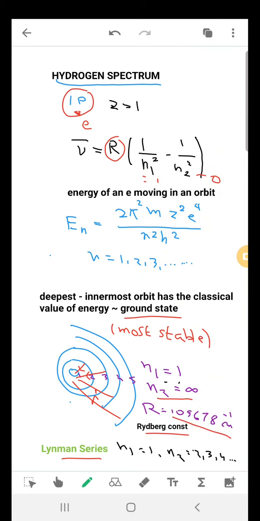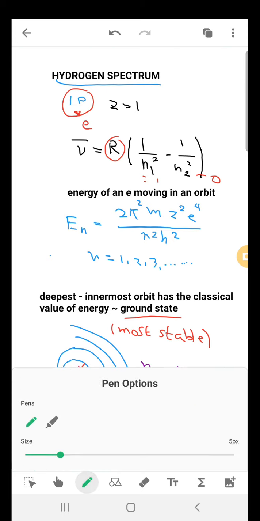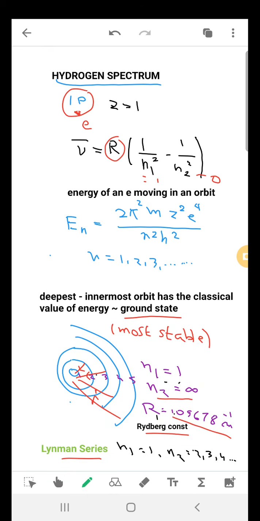In the first case, n1 is equal to 1. But as we have moved to the second state, all the electrons in the higher excited states will come back to the second state. Here n1 is equal to 2.